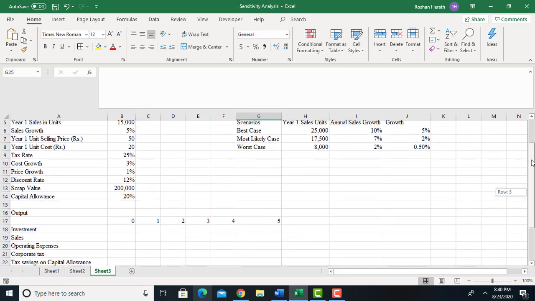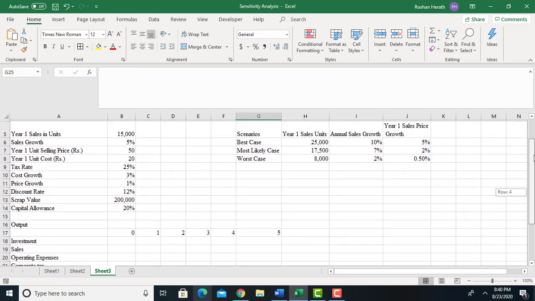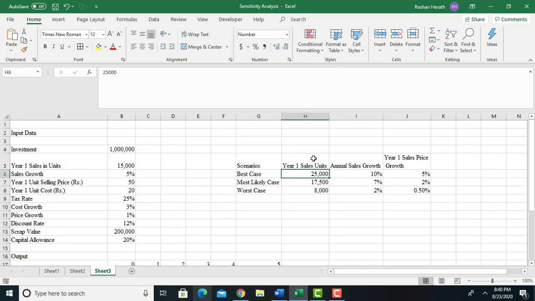Okay. Now for the important ones, we may give the names. Important changing cells, you can give the names.